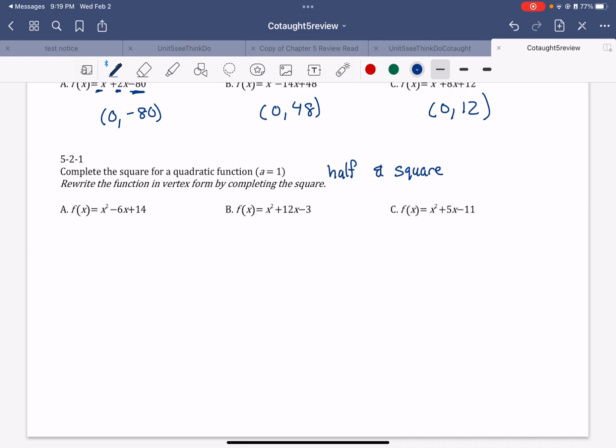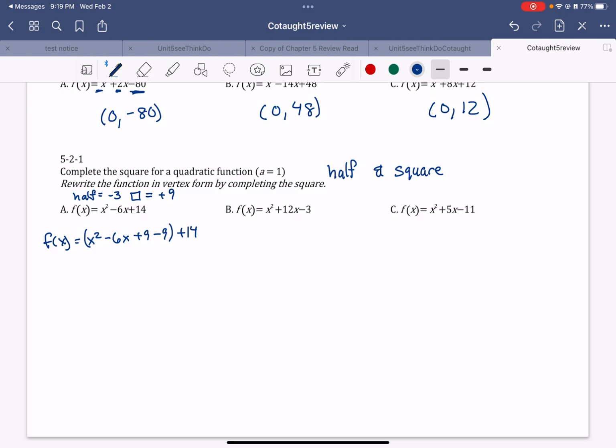So for part A, my half equals -3, and my square is going to be +9, because -3 times -3 is +9. So then f of x equals x squared minus 6x plus 9 minus 9 plus 14.